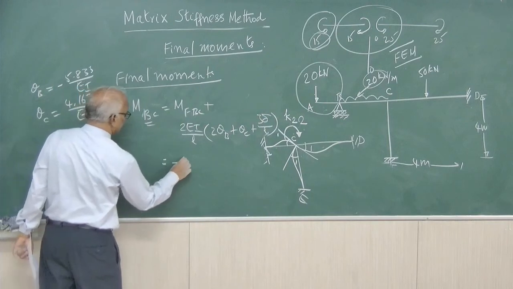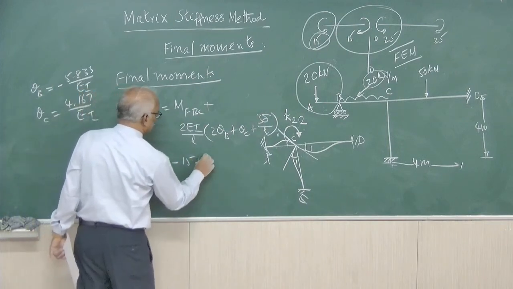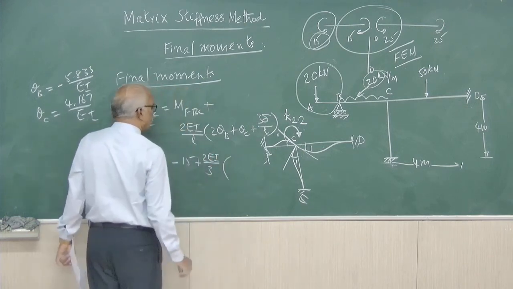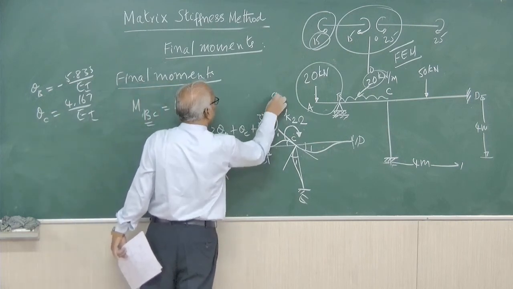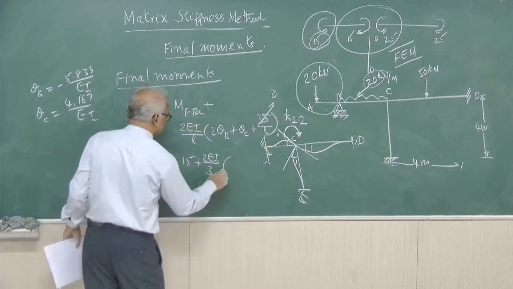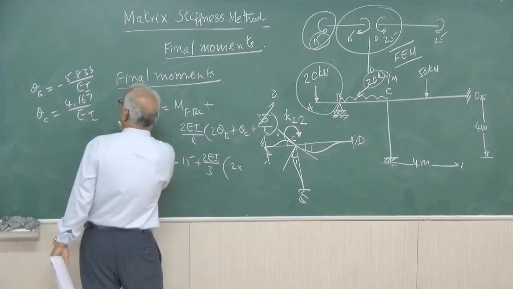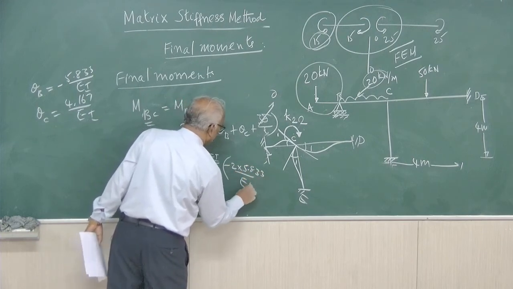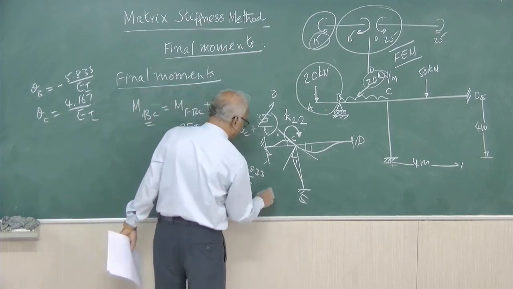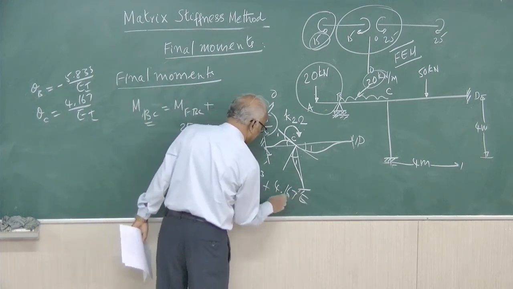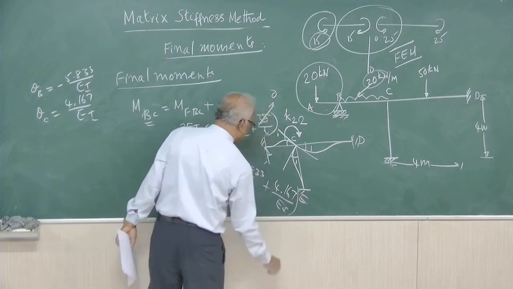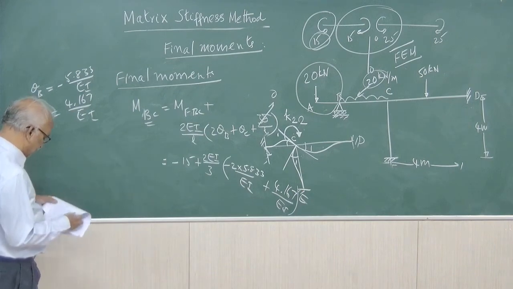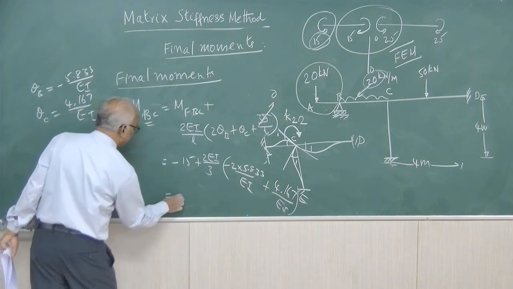So, MBC is minus 15 plus 2EI, L is 3 meters, into 2 theta B, which is 2 into minus 5.833 by EI, and theta C is plus 4.167 by EI, and of course delta is 0. So, EI and EI will get cancelled, we will be getting the value as minus 20.